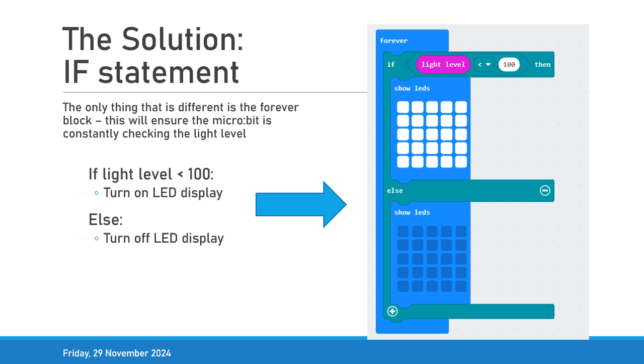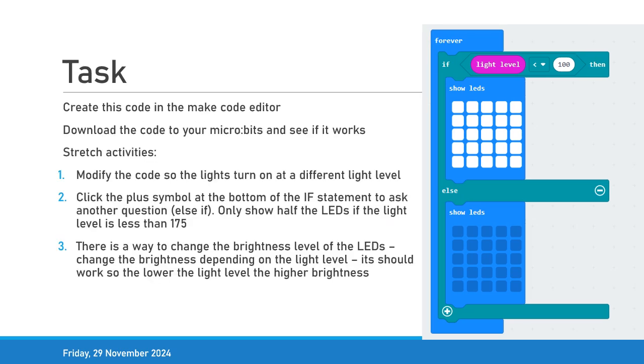But to make it even better, we could add some more functionality, like if the light level is ever less than potentially 75, we can turn on all of them. But if it's less than 100, maybe we can turn on just half the lights, or maybe we can even have a brightness level for those lights too, so they only shine a little bit if it's semi-light in the room, but if it's truly dark, then the light gets a little bit brighter.